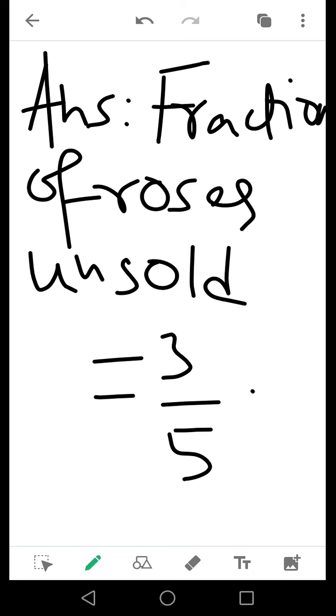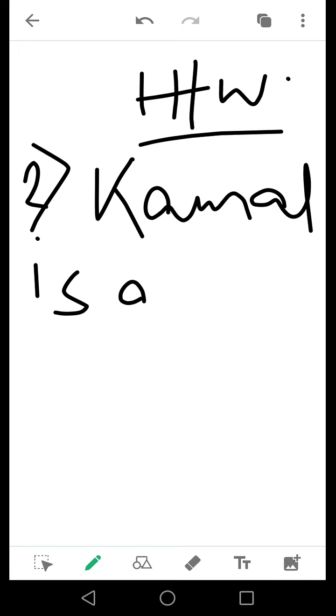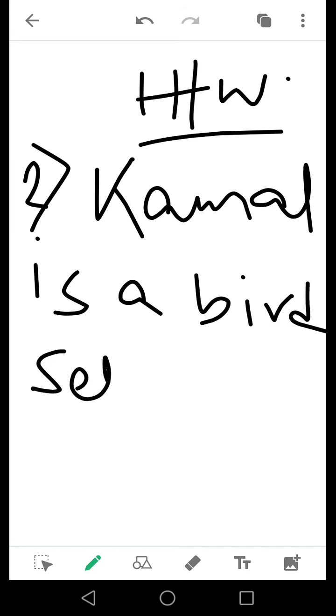Now students, when you are trying to solve a similar type of sum, let me provide you a similar type of sum as your homework. Question number 2. This is your homework question. Kamal is a bird seller. That means he sells birds.